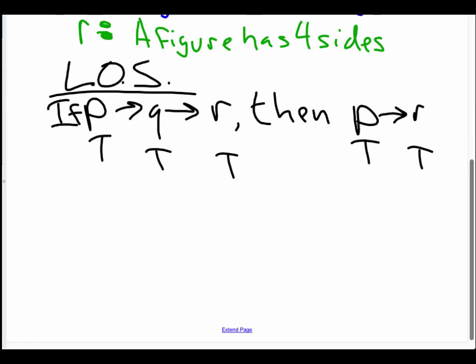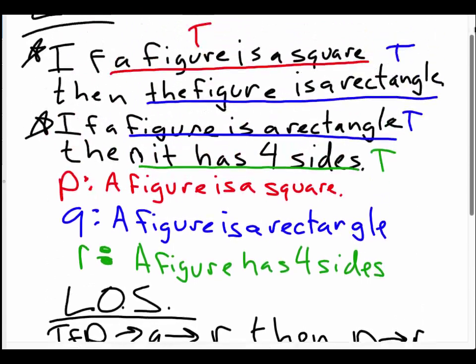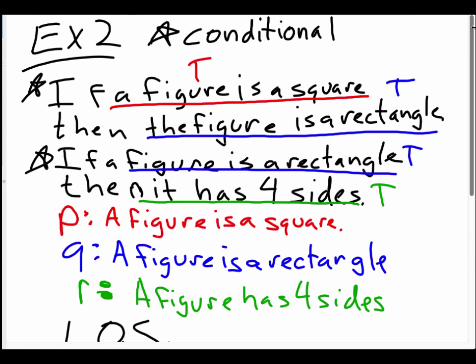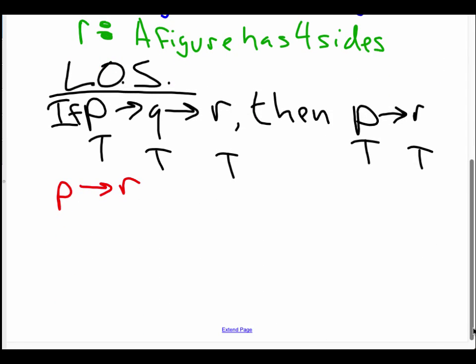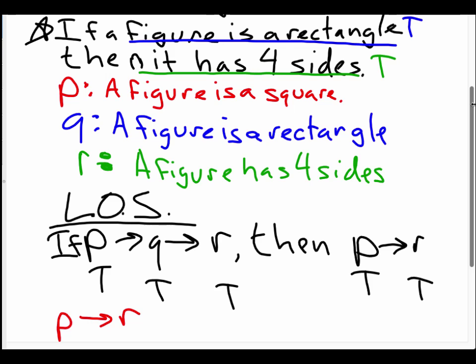Help me out with this. How do I write the conditional statement P implies R? Well, let's go back and review what P, Q, and R are. Let me read both the conditional statements to begin with. It says if a figure is a square, then the figure is a rectangle. If a figure is a rectangle, then it has 4 sides. P is a figure is a square.